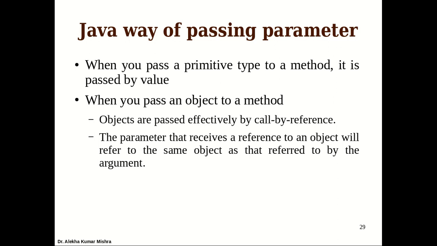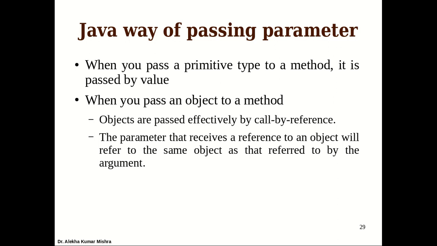It's Java's way to decide which will be called by reference and which will be called by value. When we pass primitive types, including int, double, float, long, all types, it becomes pass by value. That means when we pass a primitive type, a copy of that value is created in the method which has been called.